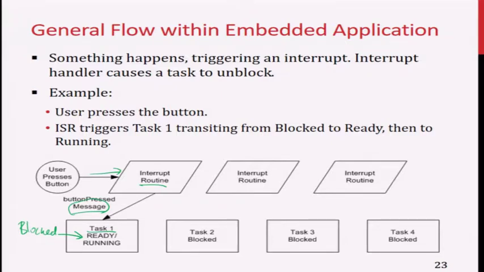So after I take a picture, what must I do? I must be able to do some image compression, and I must be able to save it, correct? Again, that image compression, that saving, that file system may be a separate task. This task 1 may only be there for me to take the picture.